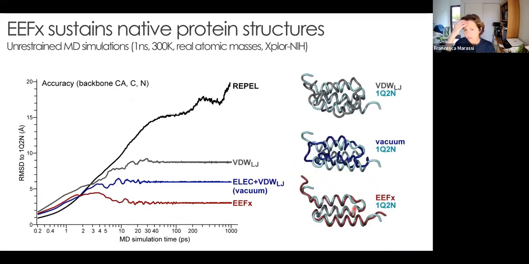So some of the ways the potential is useful, okay, and what this is showing is a set of unrestrained MD simulations that you can run with this term, and it's comparing the simulations run in EEF in a purely electrostatic plus van der Waals alone, or the repel term, and you can see that EEF does a pretty good job at maintaining the protein structure throughout at least 1,000 picosecond simulation.